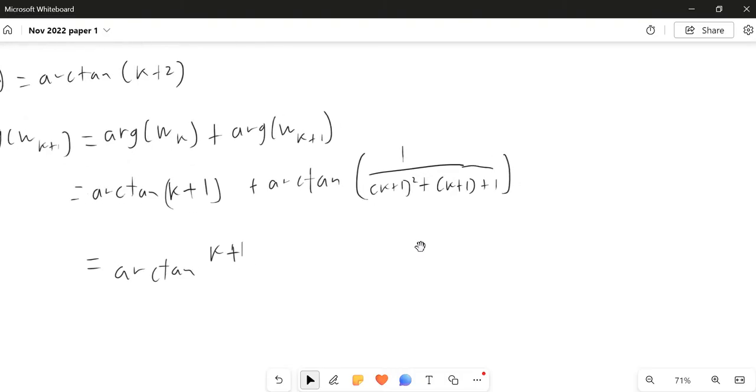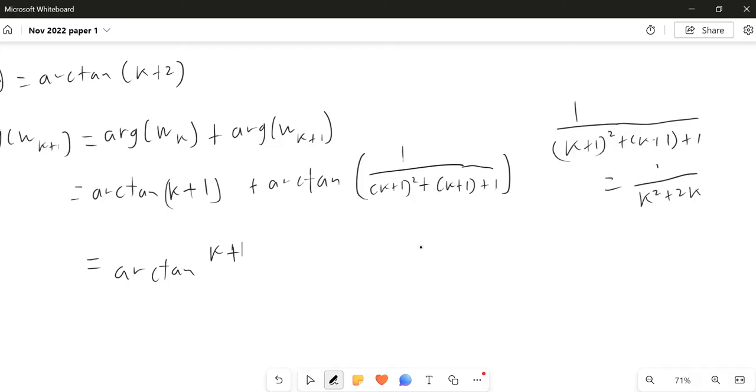And then just to save time, 1 over k plus 1 squared plus k plus 1 plus 1 equals 1 over k squared plus 3k plus 3.